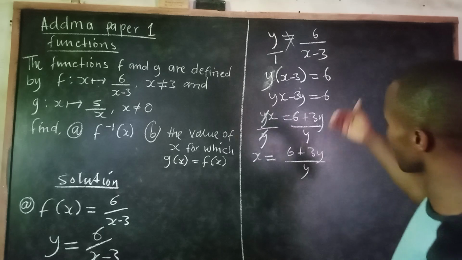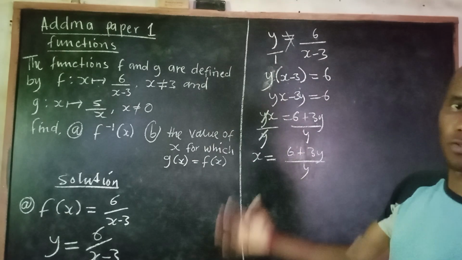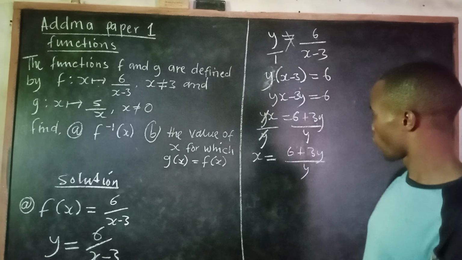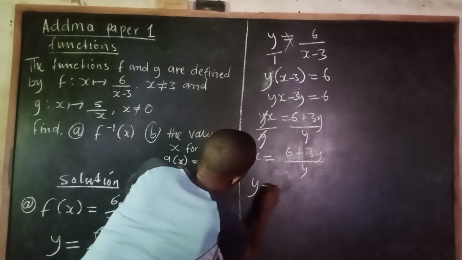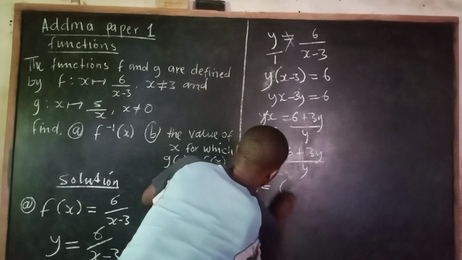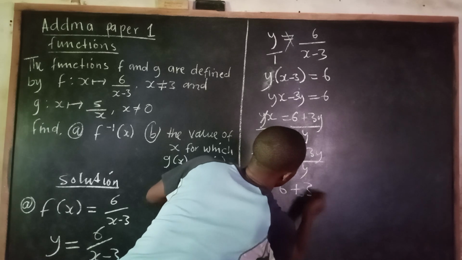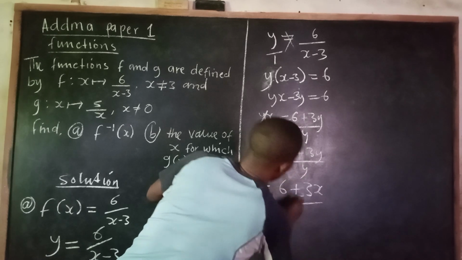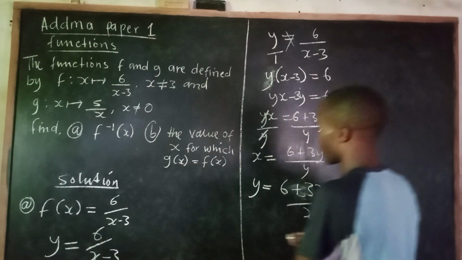Now, having made x the subject of the formula, we swap them. Where there is x, we put y, and where there is y, we put x. So y equals 6 plus 3x over x.